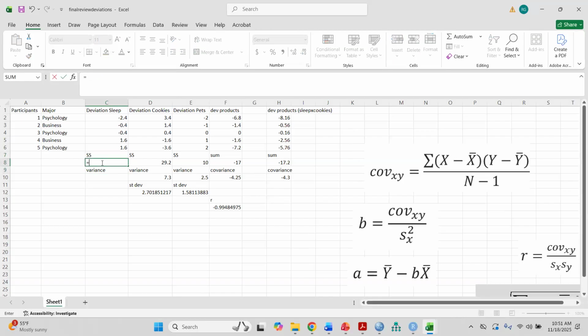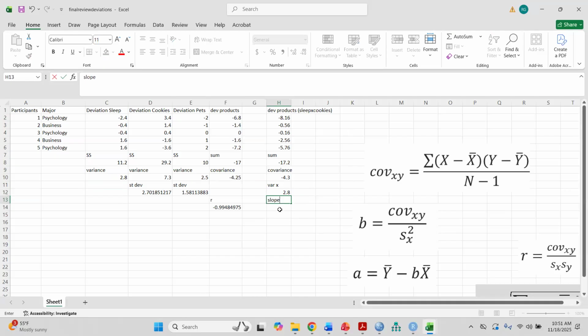So the sums of squares is literally SUMSQ for sleep, the sum of the squared deviation scores. Variance is that sums of squares divided by n minus 1, which is 4 again. So now we have the variance. So I'm just going to put in variance of x right here, which we know is 2.8. I just copy that over basically. And now we can find the slope.